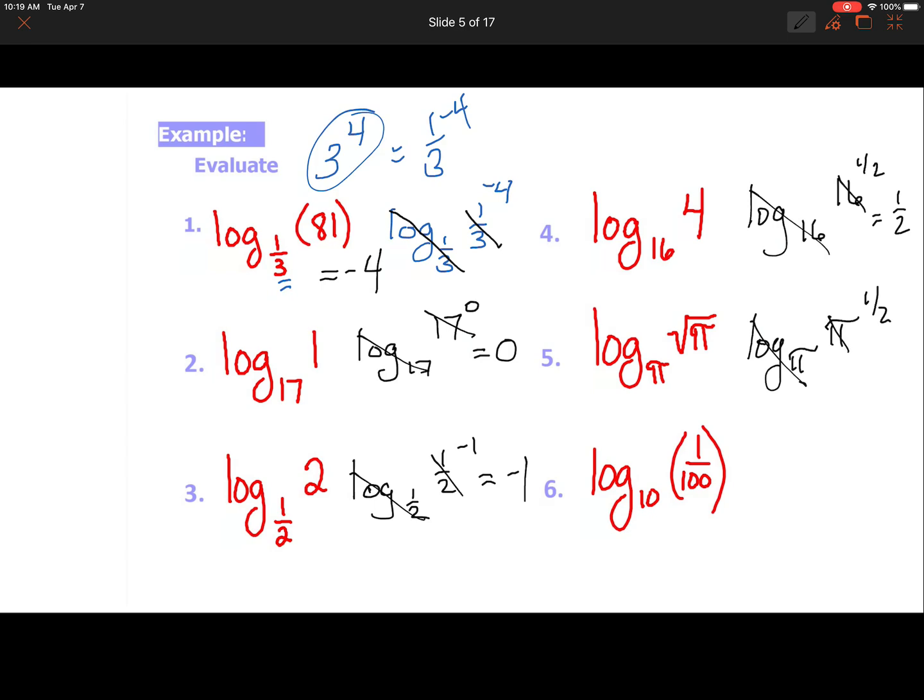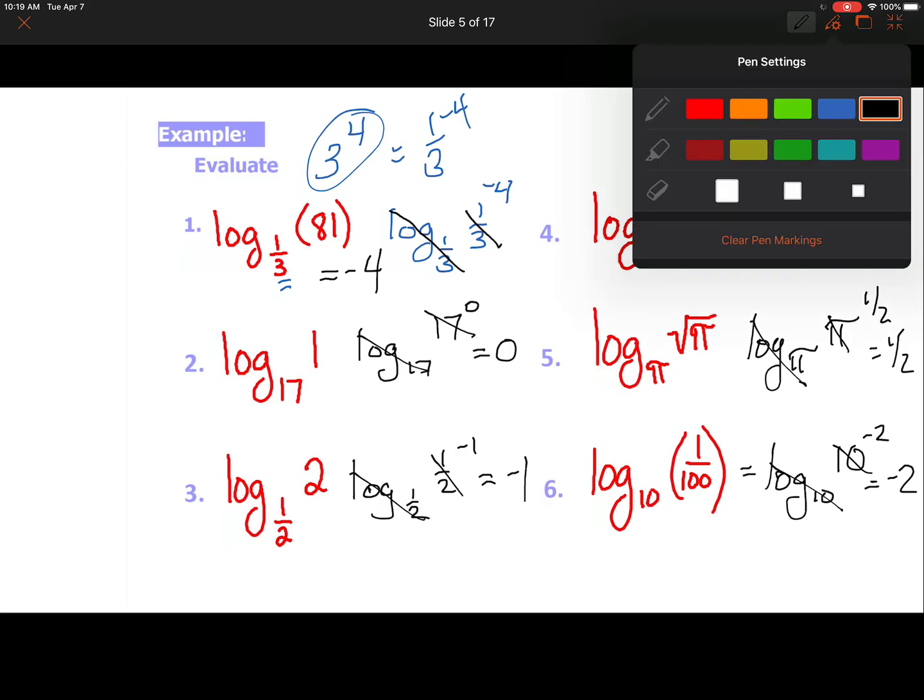Now my inverses occur, and I get 1/2 just like on 4. Then on number 6, log base 10, I can rewrite 1 over 100 as 10 to the -2. 10 squared is 100, then flipping it gives me my negative, and then those cancel, and I get -2. So that would be what we would do as creating common bases.